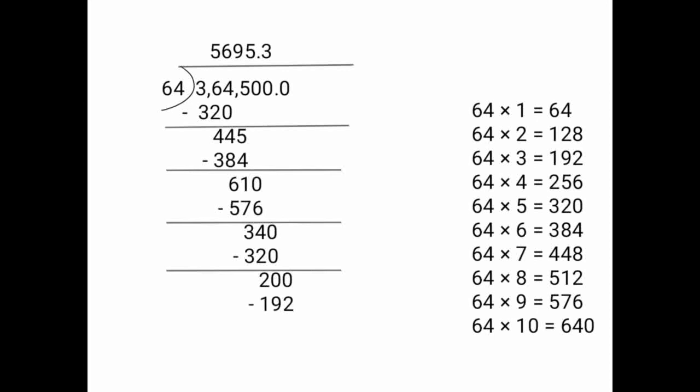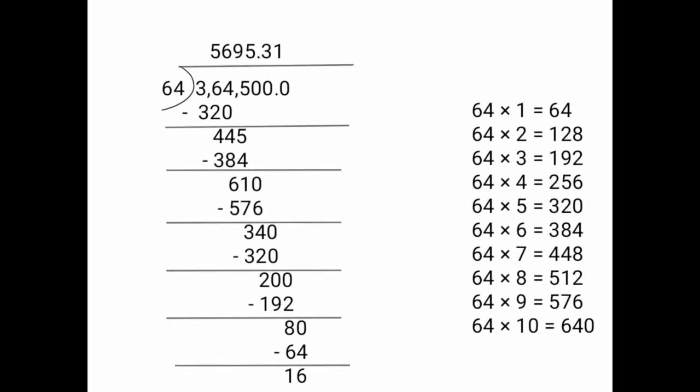Subtract 200 minus 192. Answer is 8. Take one more 0. 64 ones are 64. Subtract 80 minus 64. The answer is 16. Now we will stop the division.